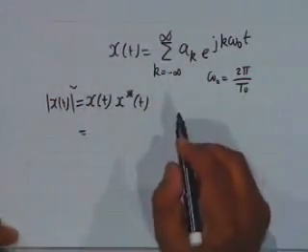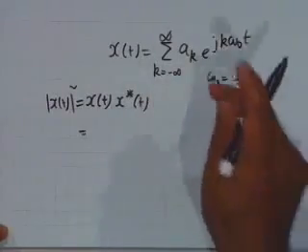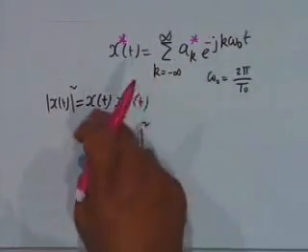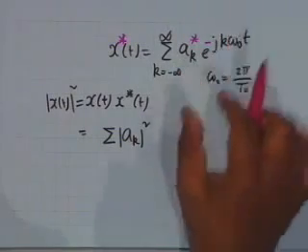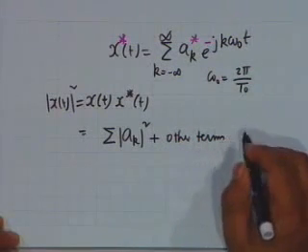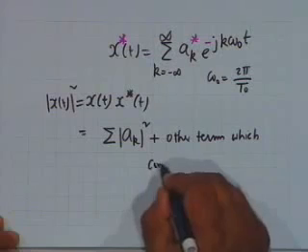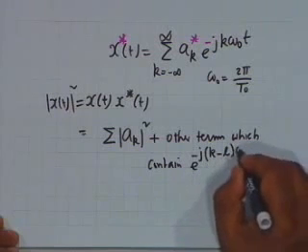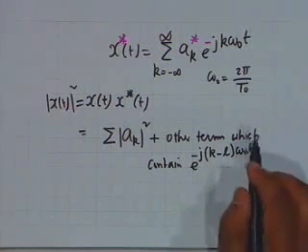Now obviously, if you take x(t) of this form and its complex conjugate and multiply the two, then you shall get terms of the form |a_k|². The x*(t) obviously shall have a_k* and e^(-jkω0t). So if you multiply x(t) by x*(t), then you shall have a summation of |a_k|² plus other terms which contain exponentials of the form e^(j(k−L)ω0t). k minus L or plus L?